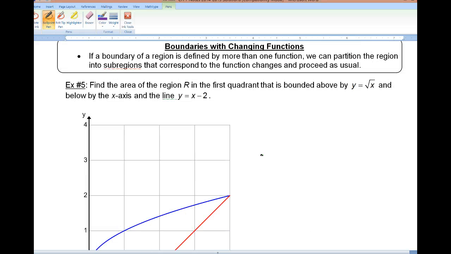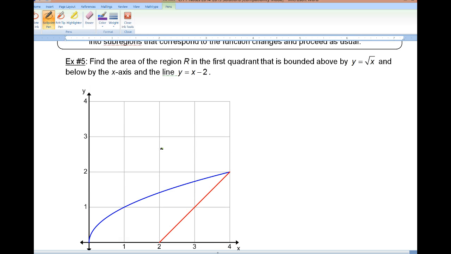Okay, so sometimes it's not so clear what is your upper curve and which one's your lower curve. And sometimes things that you saw maybe on your homework assignment, sometimes it switches. It might switch to where one's above and then it goes below. So when we have to find the area of this region, we're actually going to set it up using 2 integrals.